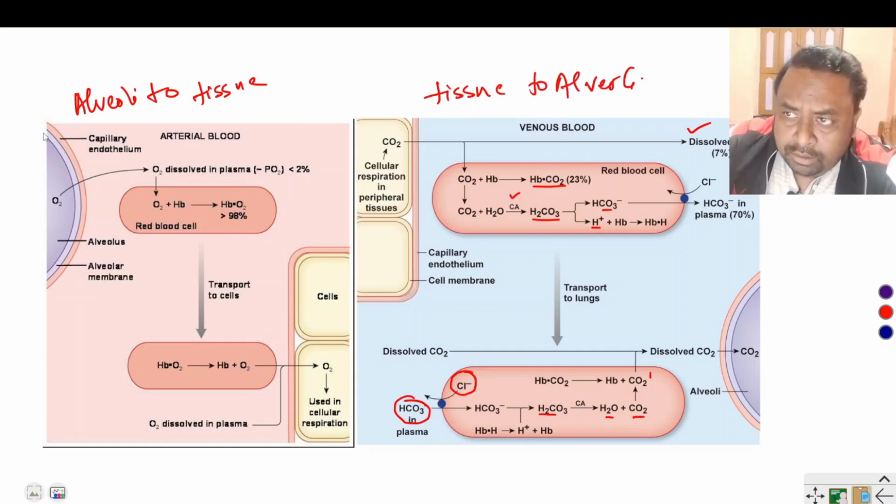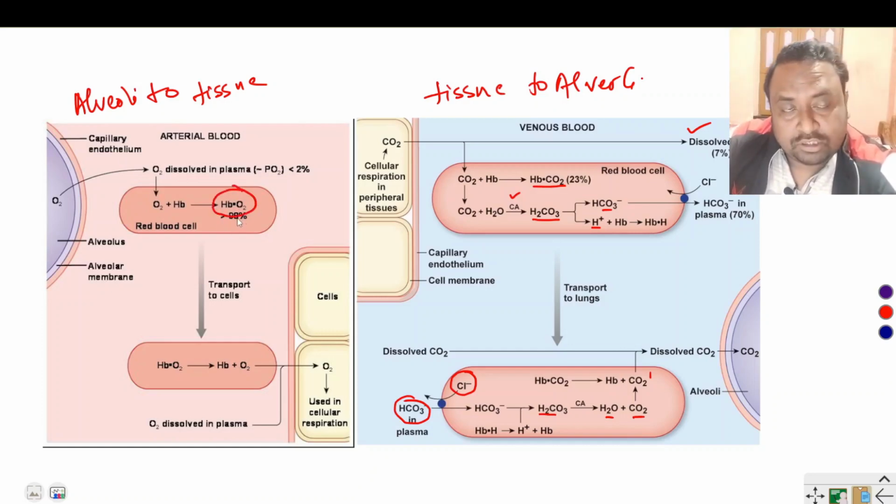In the alveoli oxygen is present. The oxygen dissolves in blood plasma, then combines with hemoglobin. One hemoglobin carries 4 oxygen. Then HbO2, oxyhemoglobin, is produced. 98% of oxygen is transported as oxyhemoglobin, but less than 2% is dissolved in plasma.